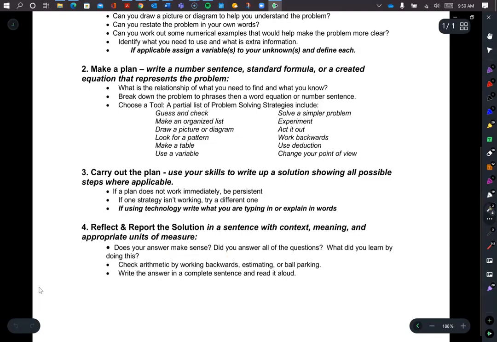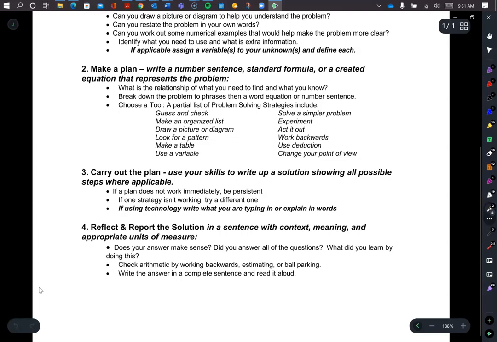Reflecting on your own learning is helpful. Check your arithmetic by working backwards, estimating or ballparking. So if the dimensions of something were 6 by 4 and you got 24 square feet, and you end up with a number like 0.2, that's probably not fitting the data given.